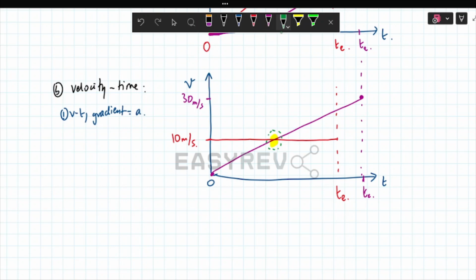We can see here that these two graph lines are intersecting, meaning their coordinates are the same over here. Now on the x-axis we have some value of time t, and on the y-axis we have the same value of speed or velocity, which is 10 meters per second. Now what this means physically is that at time t, Tufi and Dr. Sal both share the same velocity.